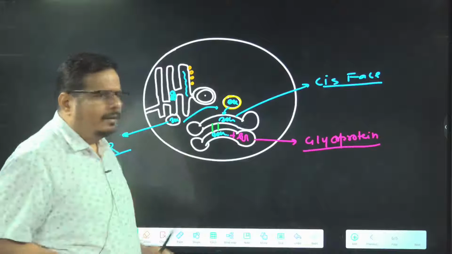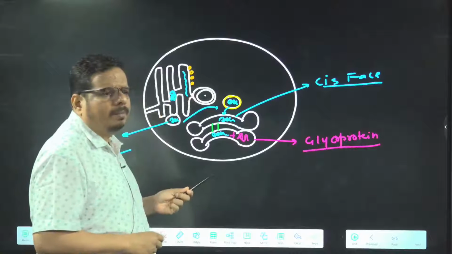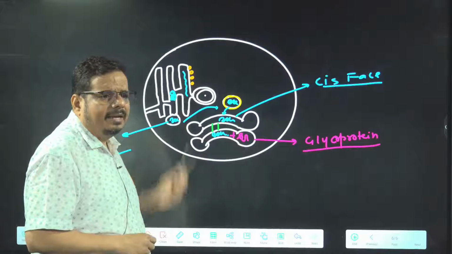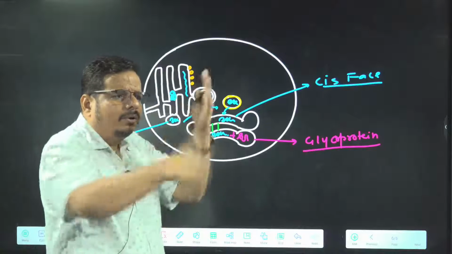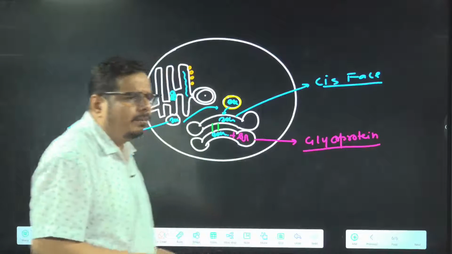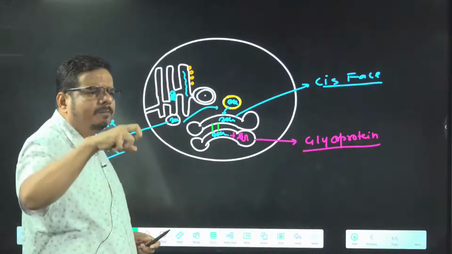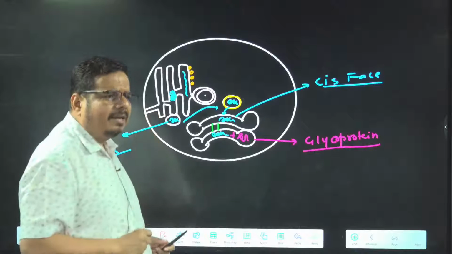So look, protein forms on ribosome, then enters the ER, then enfolding occurs in the ER. After enfolding, the ER pinches off and the protein is packed in a vesicle.